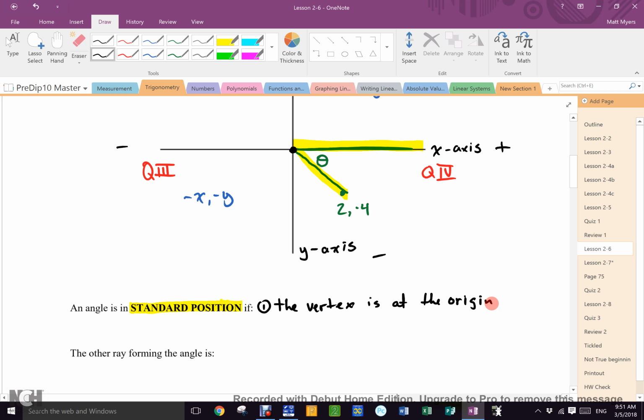Is that the case here? Yeah. What is the vertex of an angle? It's where the lines meet. It's the corner, right? And this corner is right at 0, 0. Everybody agree? So we've met that criteria. The second criteria is as follows.